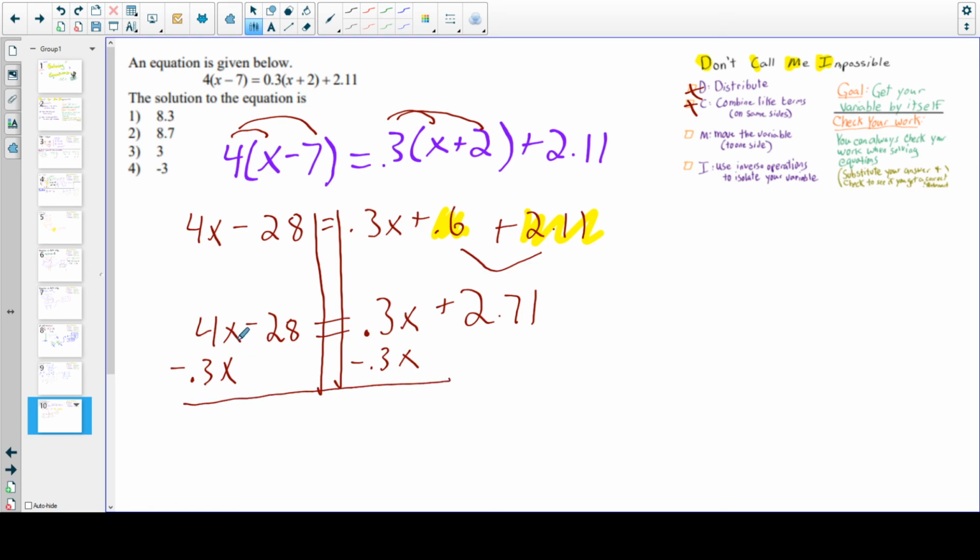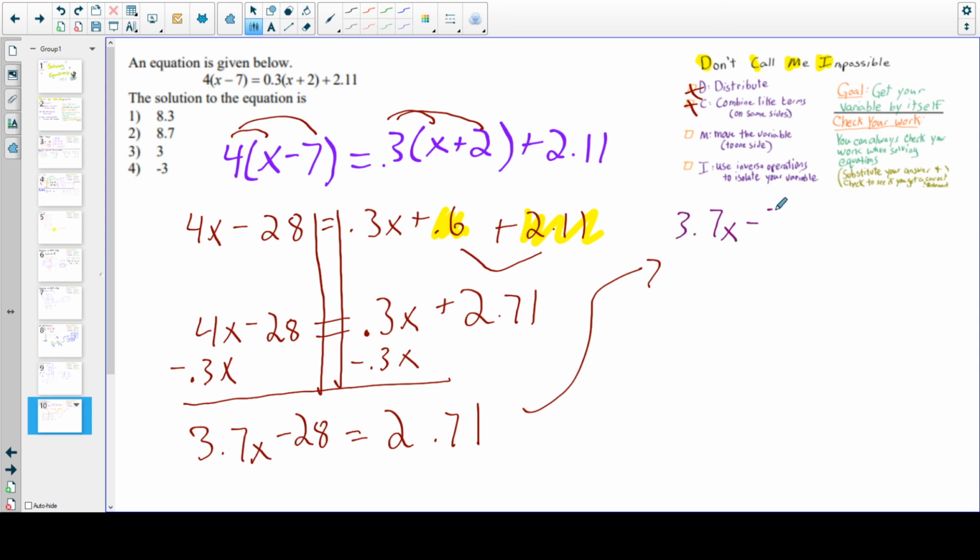So 4 minus 0.3 is 3.7x minus 28 equals 2.71. I'm going to rewrite this over here so that we have a little bit more room.